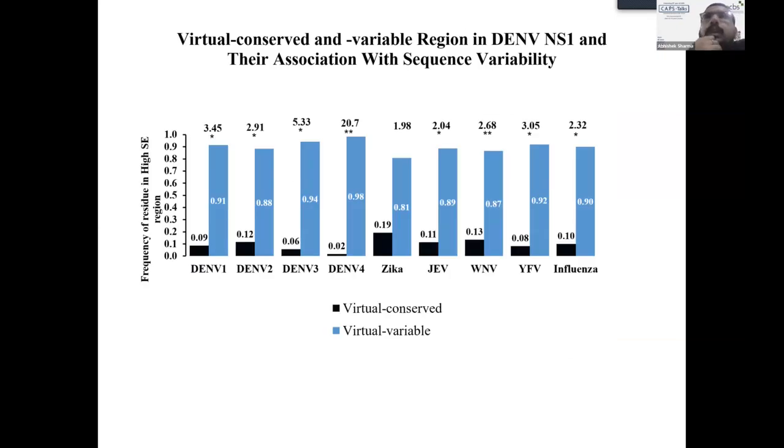So for that, we checked the frequency distribution of both cases in various dengue serotypes, and to generalize our pipeline, we included NS1 proteins of other flaviviruses. Here you can clearly see that the probability of virtually variable region in the case of observed high frequency region is significantly high in the majority of the cases.